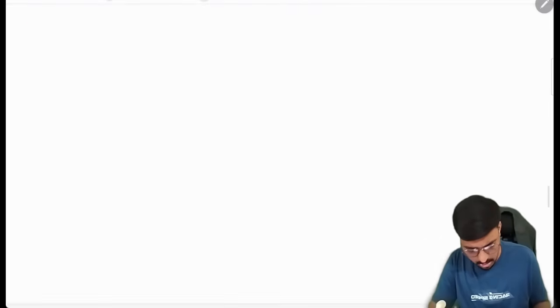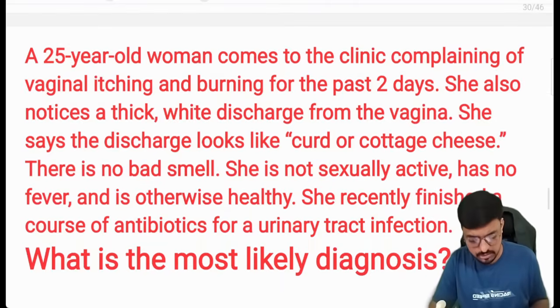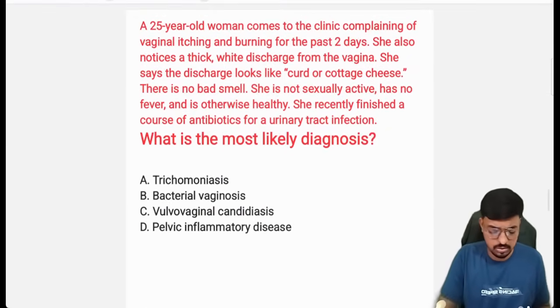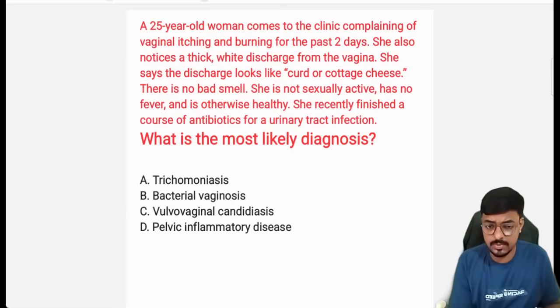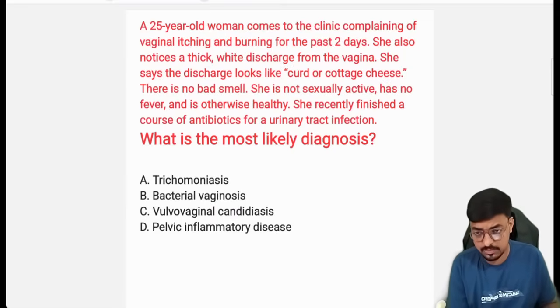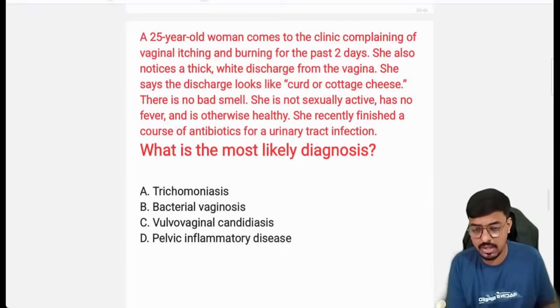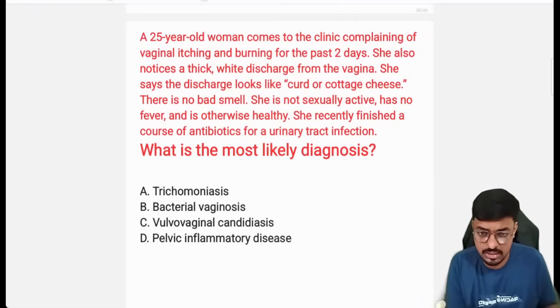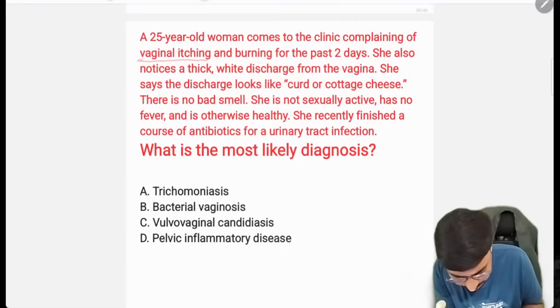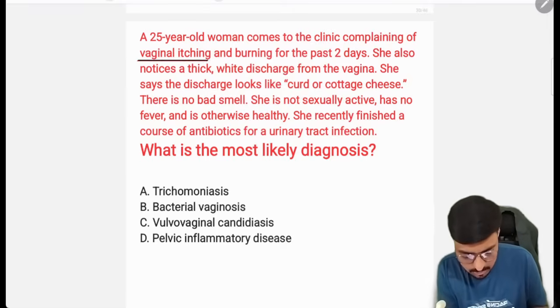So here is a very important scenario-based question which may strike in your NORCET 9. Try to solve this question, it will definitely give you a good rank in the exams. A 25-year-old woman comes to the clinic with complaints of vaginal itching and burning for the past 2 days.